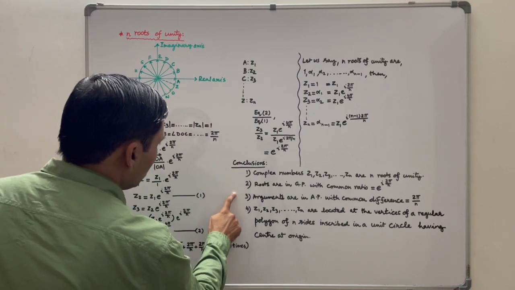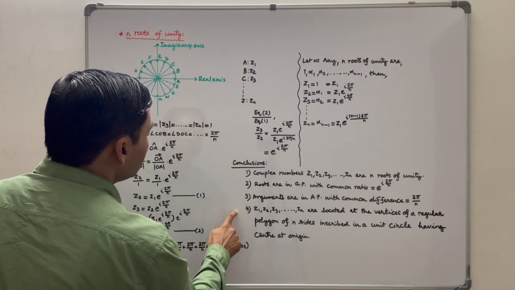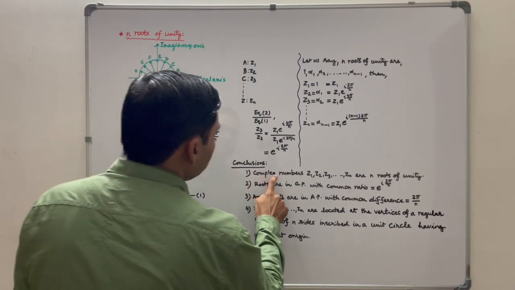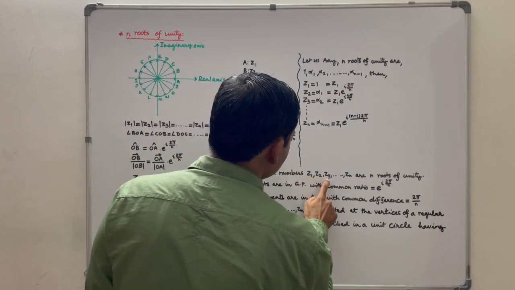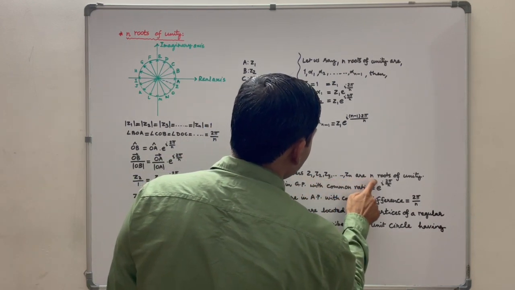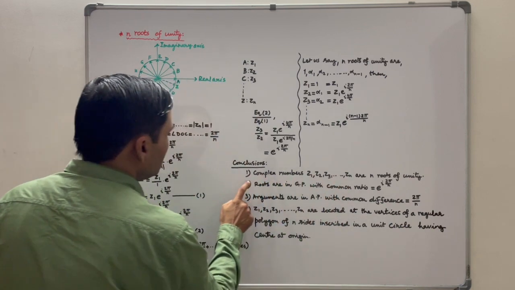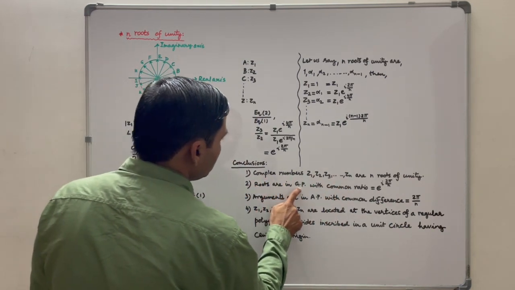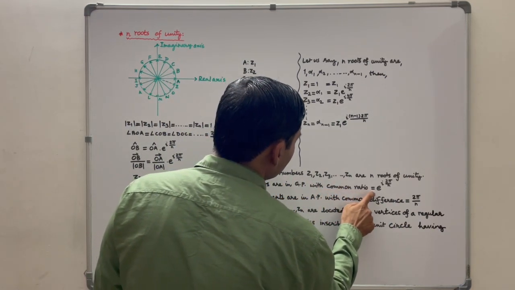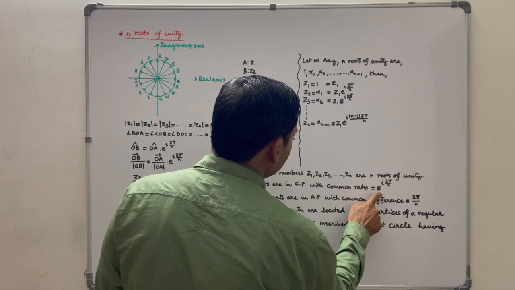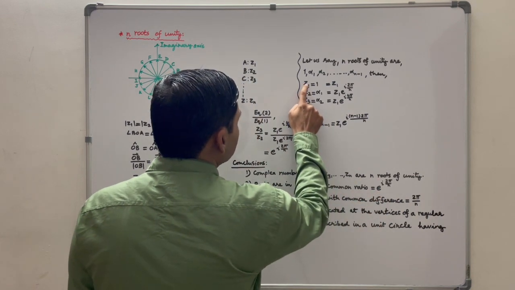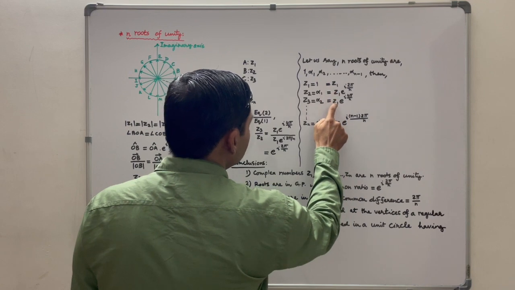We can conclude 4 points from this analysis. Point number 1. Complex numbers z1, z2, z3 and so on up to zn are n roots of unity. Point number 2. Roots are in GP with common ratio equal to e to power i 2 pi by n. Clearly z1, z2, z3 are in GP.